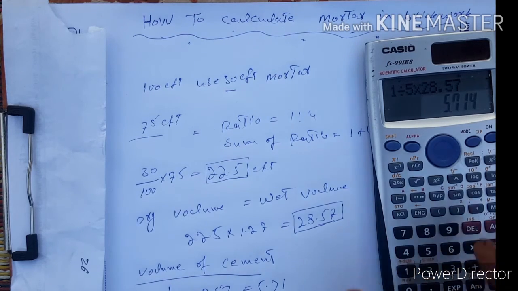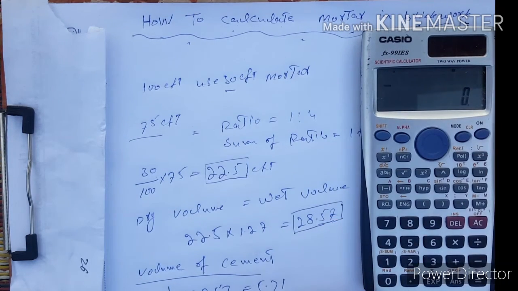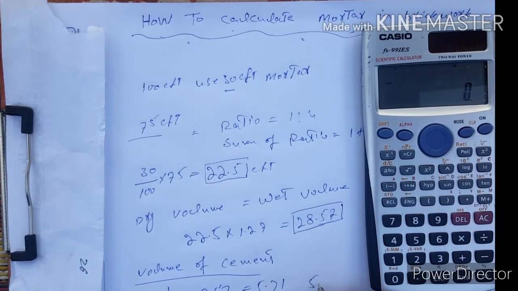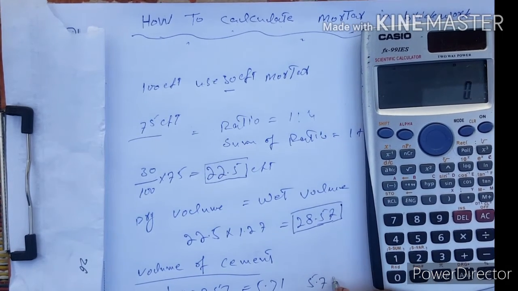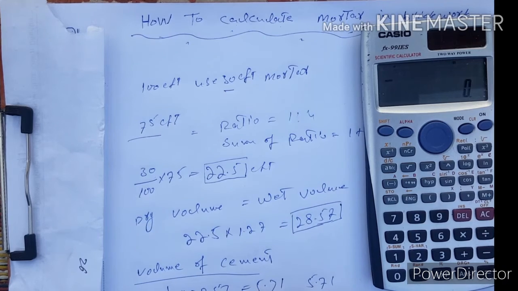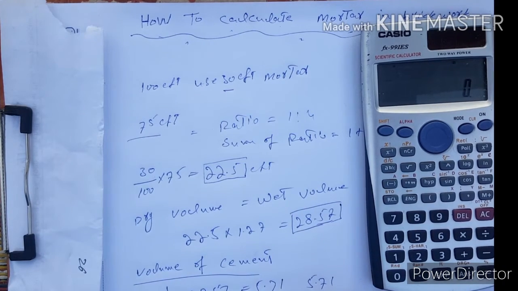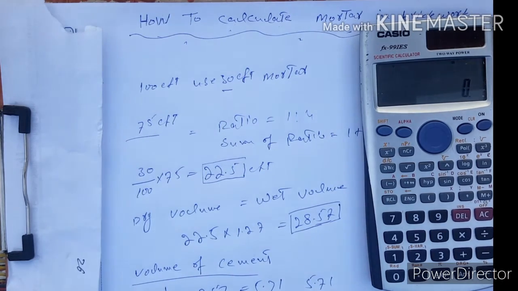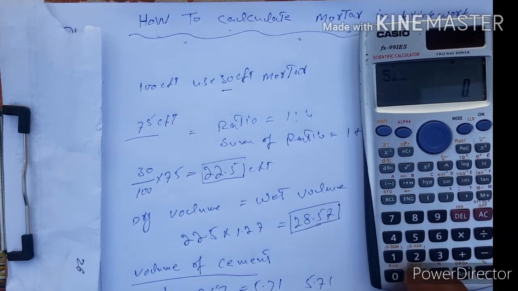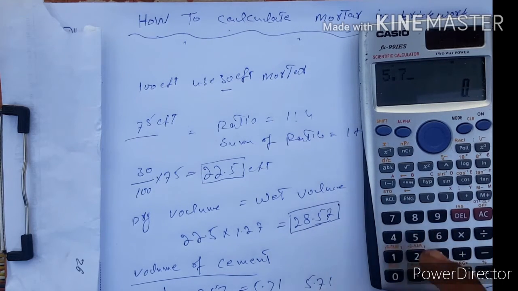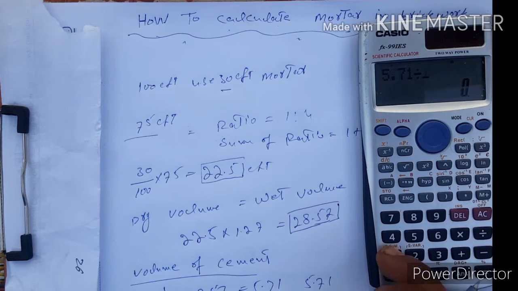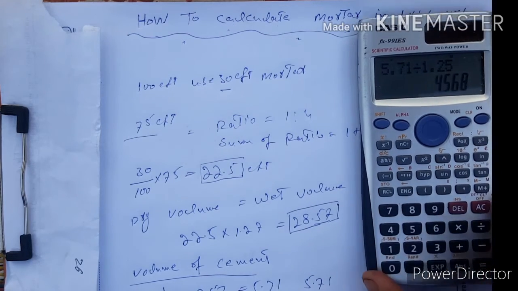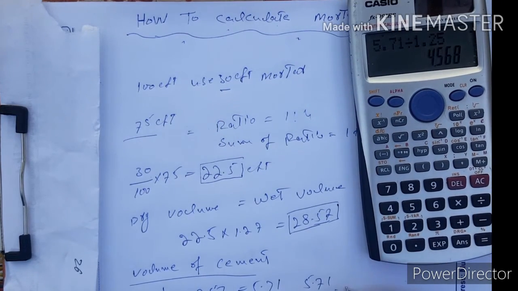So the cement volume 5.71 divided by 1.25, because I convert to bags, is equal to 4.5.